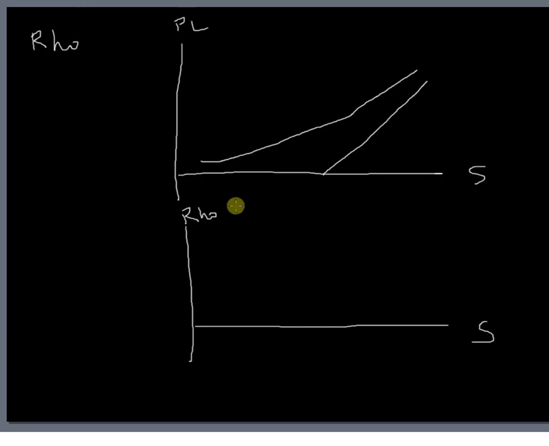Lastly, let's move on to Rho. Rho is basically measuring the change in price in relation to the change in the risk-free rate. Let me draw the payoff diagram. Remember when we talked about delta, when we are long a call option, we hedge the delta by selling shares.